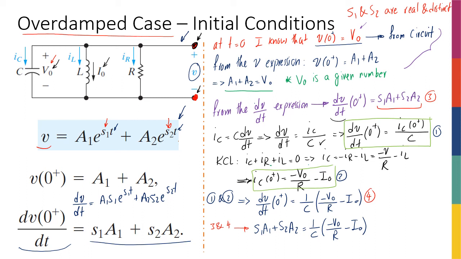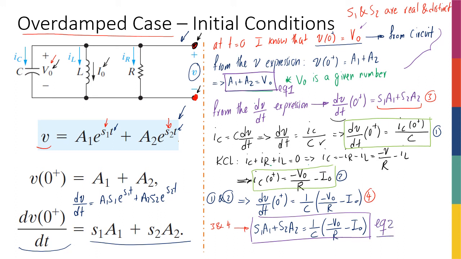And now I have two equations and two unknowns. This is equation number 1, and this is equation number 2. I'm going to call them EQ1 and EQ2.